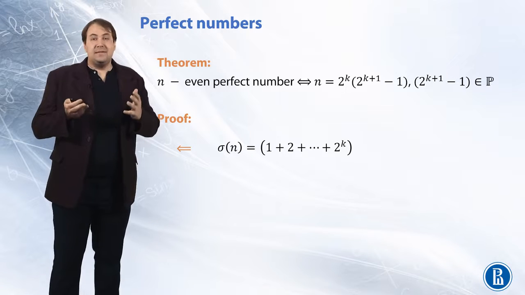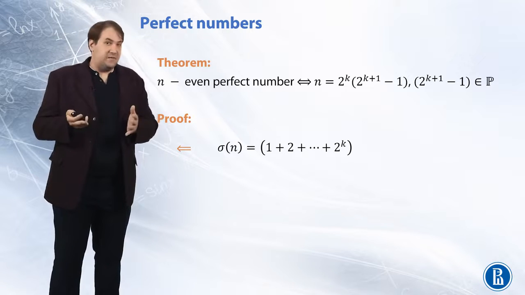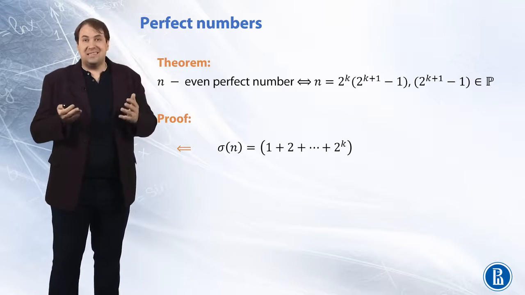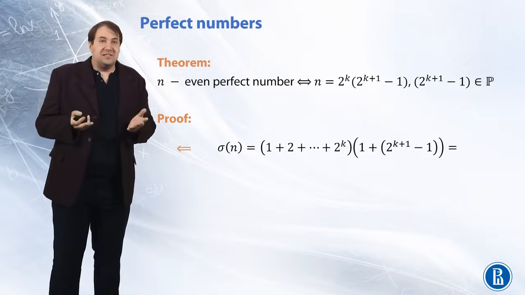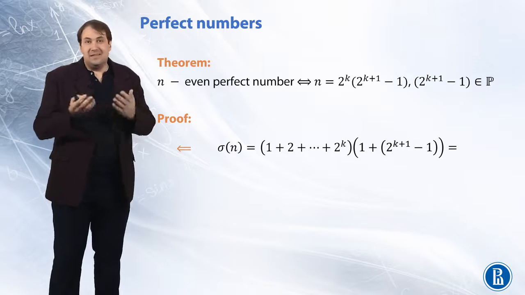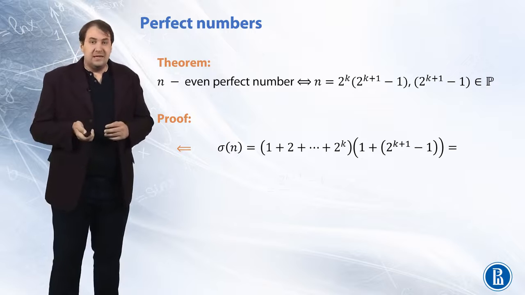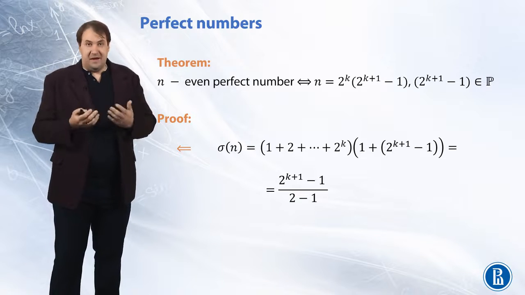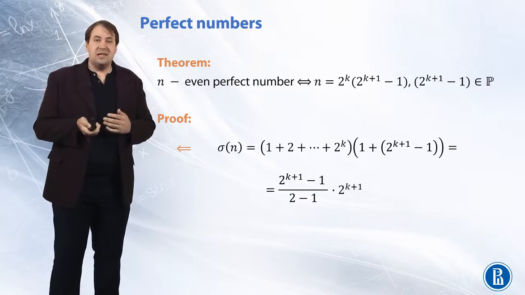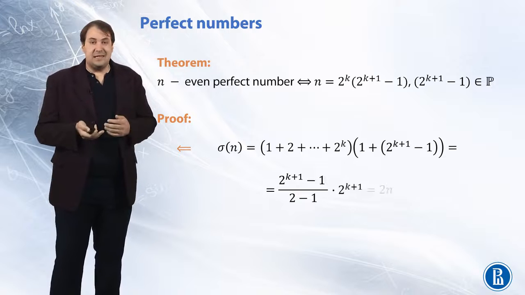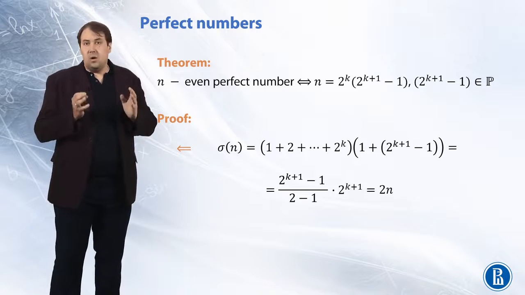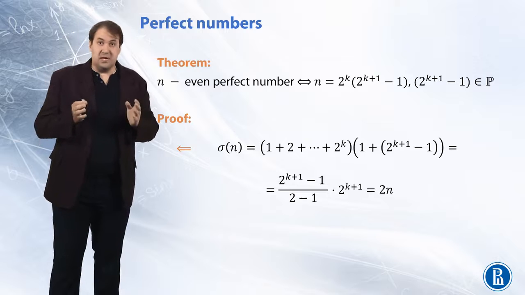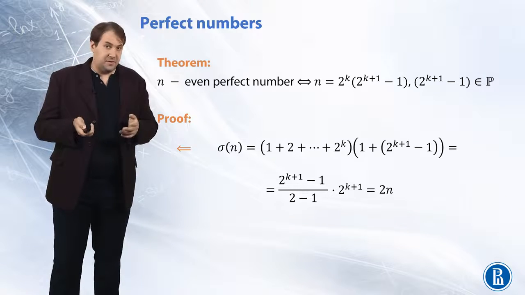And then we take all divisors of the second factor, which we know is prime, so its divisors are just the number 1 and the number itself. Then we simplify this expression and clearly see that it is really equal to 2n. So this proves that all numbers given by the formula in the theorem are perfect.